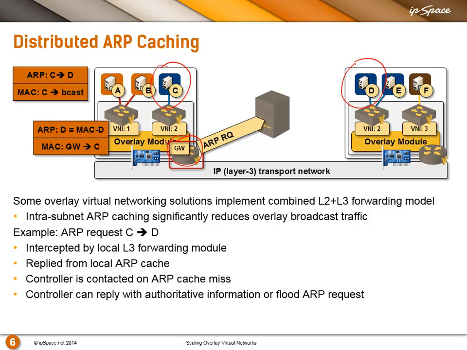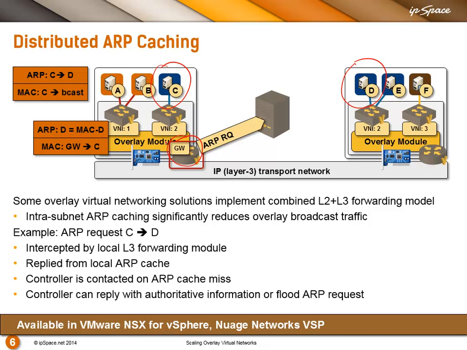And if even the controller does not have the information, it can flood the ARP request. There are at least two platforms that do exactly this: VMware NSX for vSphere and Nuage Networks VSP.